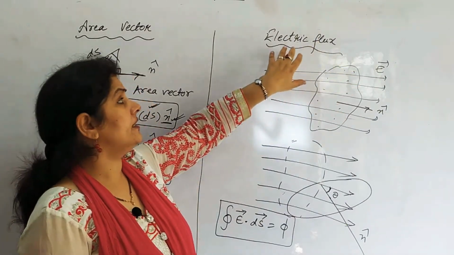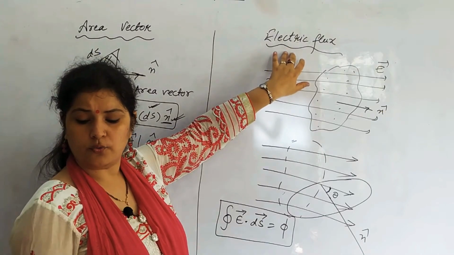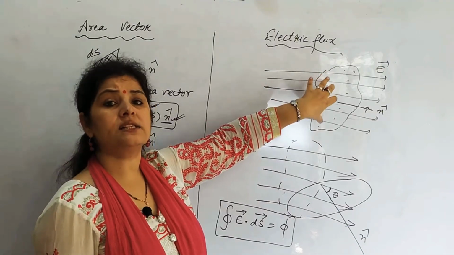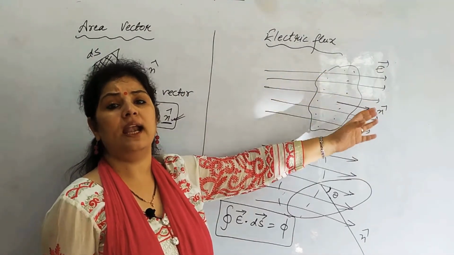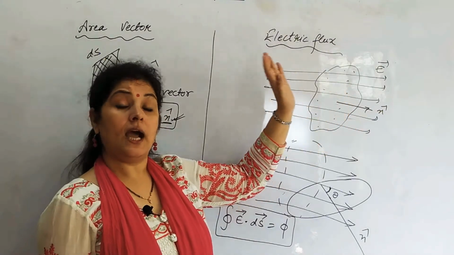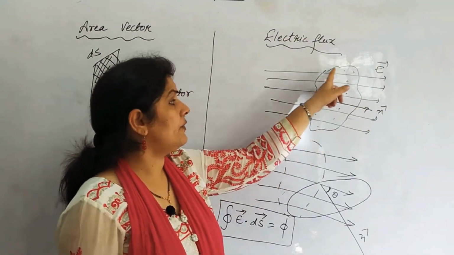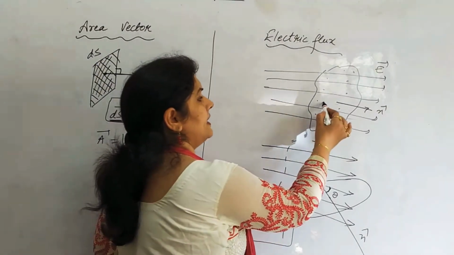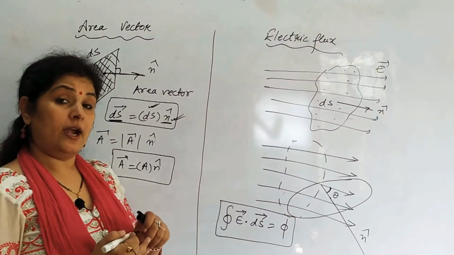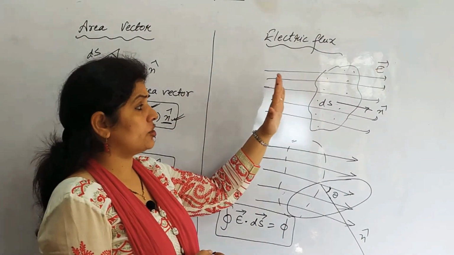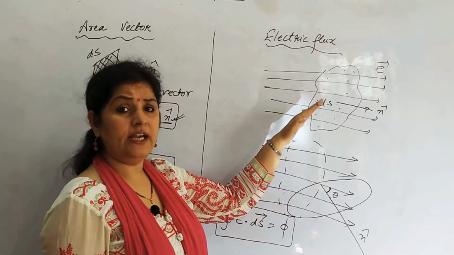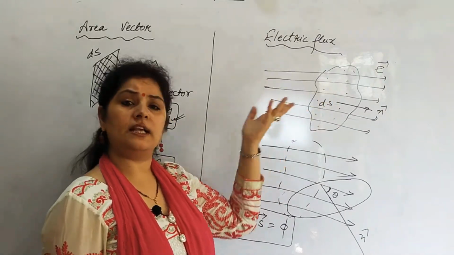So that quantity is called electric flux, right? So electric flux through a given area tells us about the number of field lines passing through that area, right? Again, the unit vector n, if I am taking this as ds, this unit vector will be perpendicular to the surface, and obviously when I change the direction of ds, when I change the direction of area component in terms of vector, the number of field lines will be less.